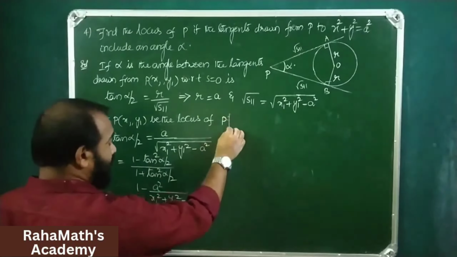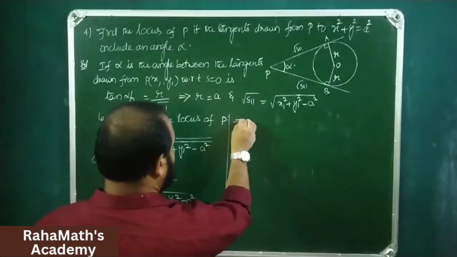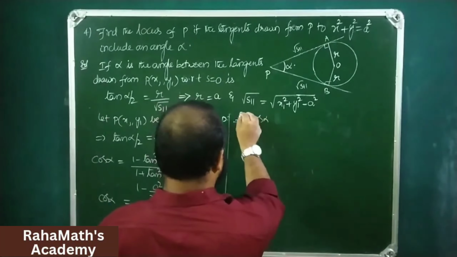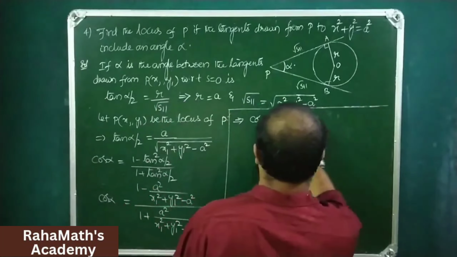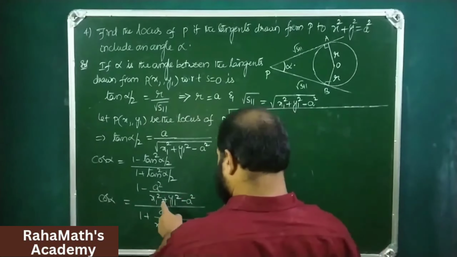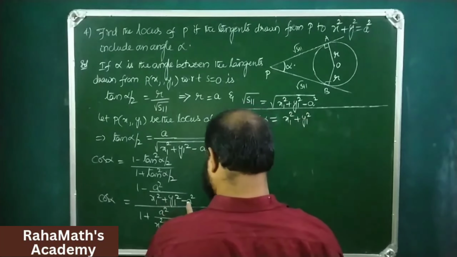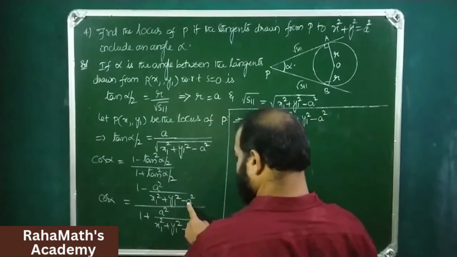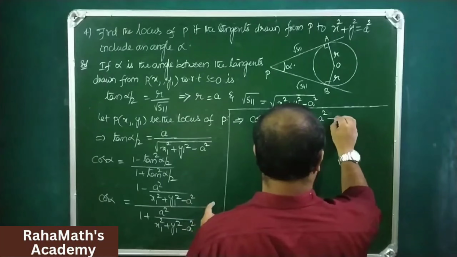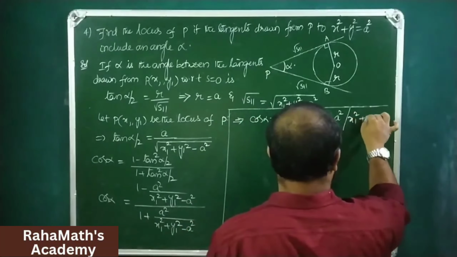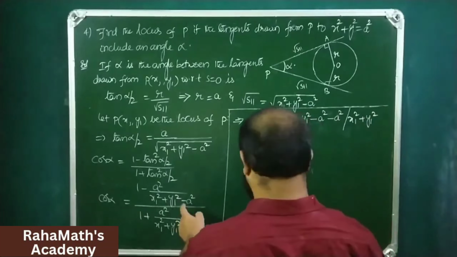That implies cos alpha is equal to, in the numerator, (x1 square plus y1 square minus a square) minus a square, over (x1 square plus y1 square minus a square).